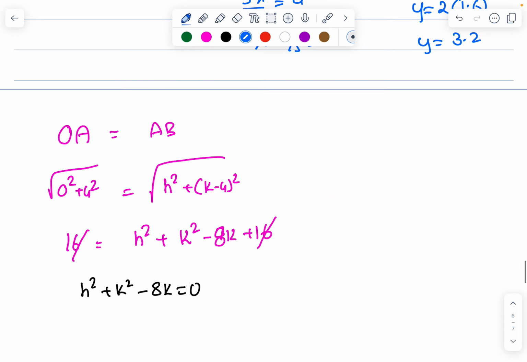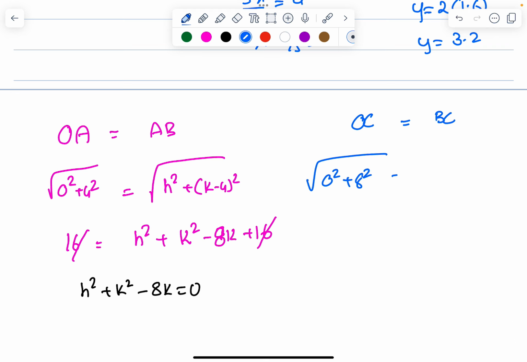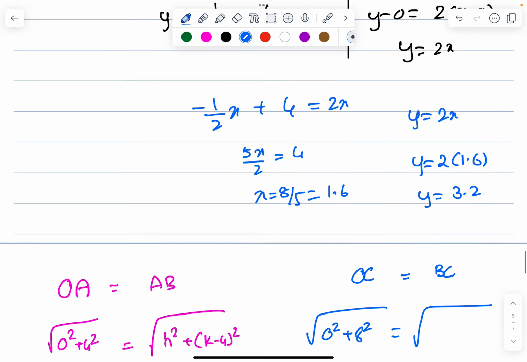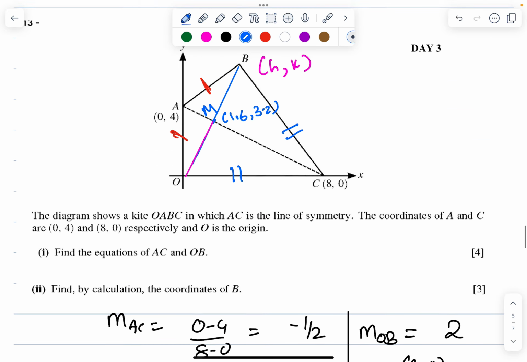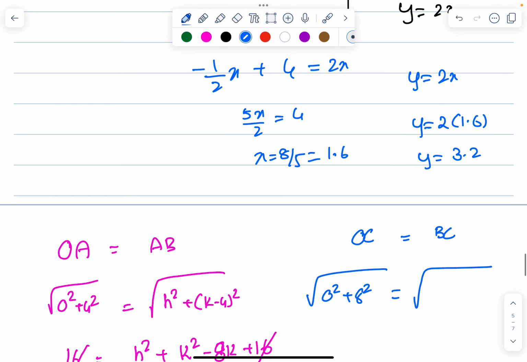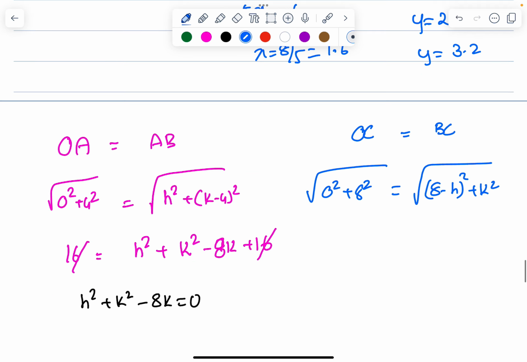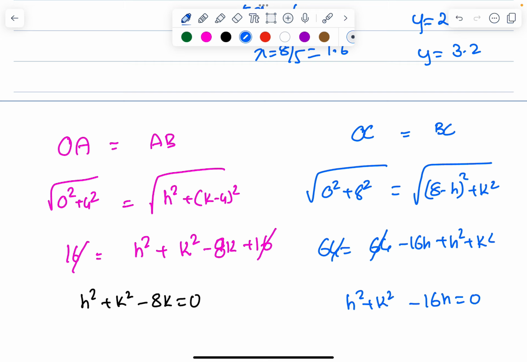OC is the square root of 0 square plus 8 square, and BC is the square root of 8 minus H whole square plus K square. So 64 equals 64 minus 16H plus H square plus K square. The 64s cancel: H square plus K square minus 16H equals 0.